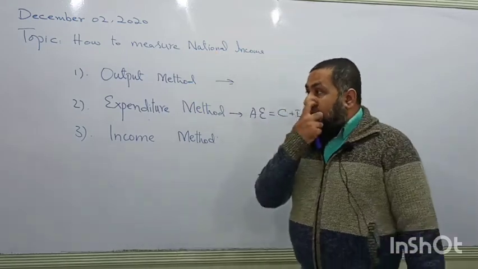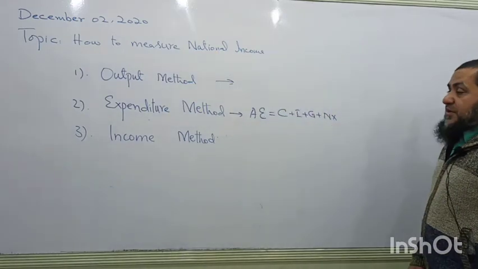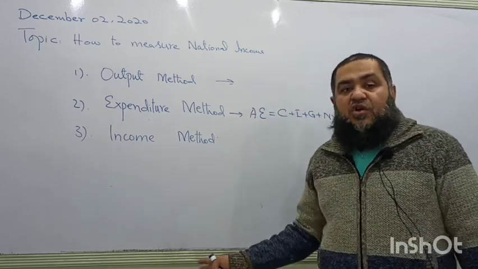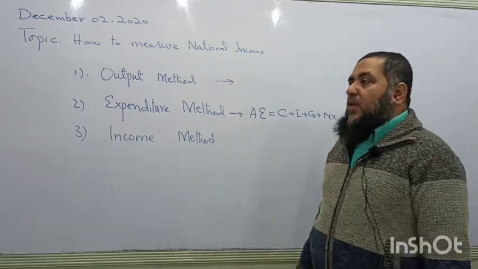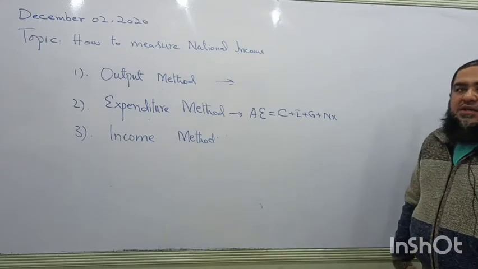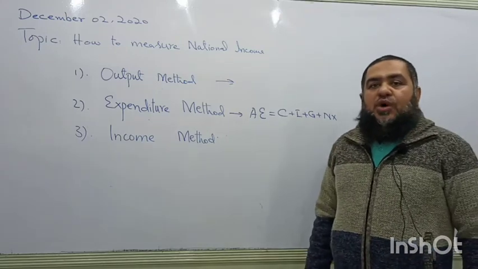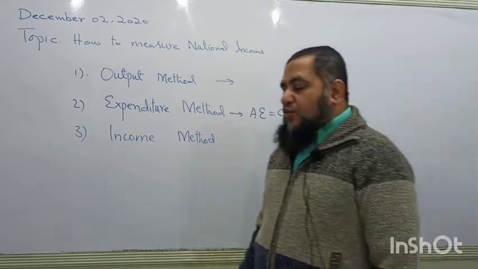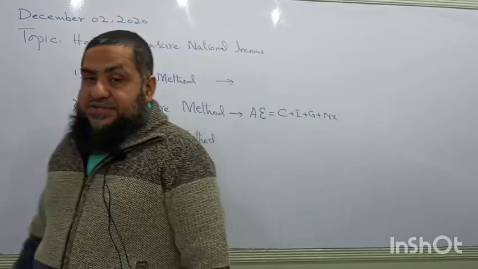Whereas transfer payments, you might know them, are transfers of funds from one sector of the economy to another. What are those? Like unemployment benefit, which is paid by the government to those people who are actually unemployed, and pension, which is paid to people who are of old age.